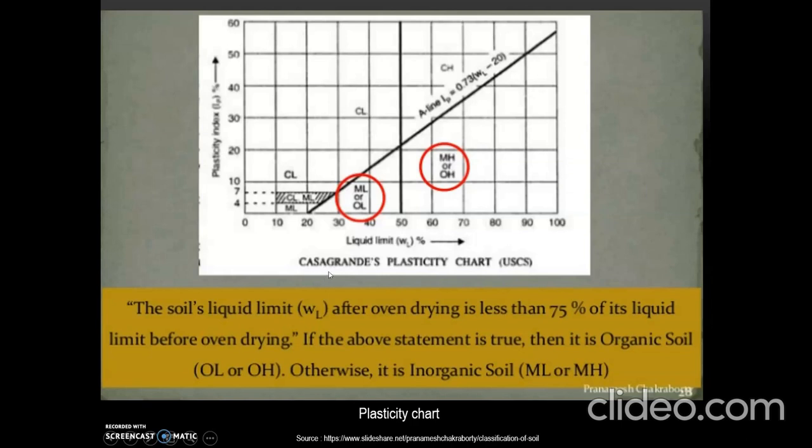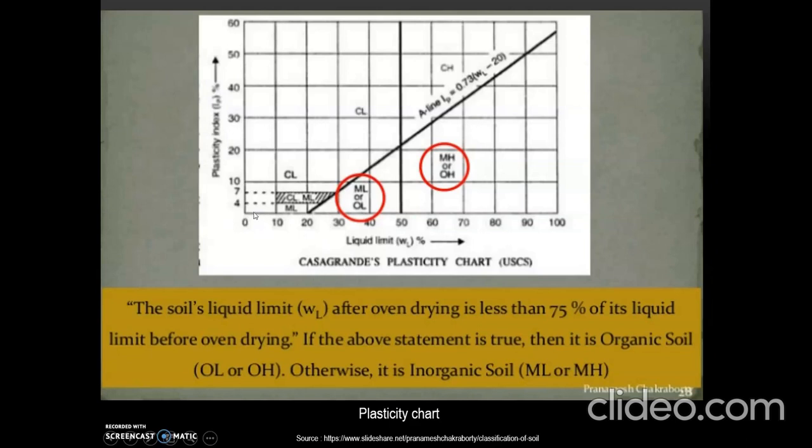Now we will learn how to draw this Casagrande's plasticity chart. On the x-axis, liquid limit values are shown, that is WL, in terms of percentage. And on the y-axis, the plasticity index, that is IP value or PI value, is mentioned in percentage.